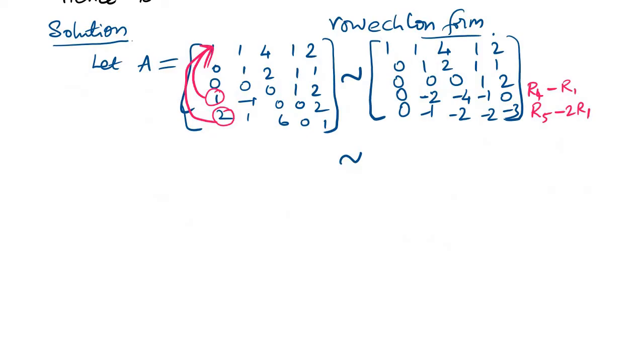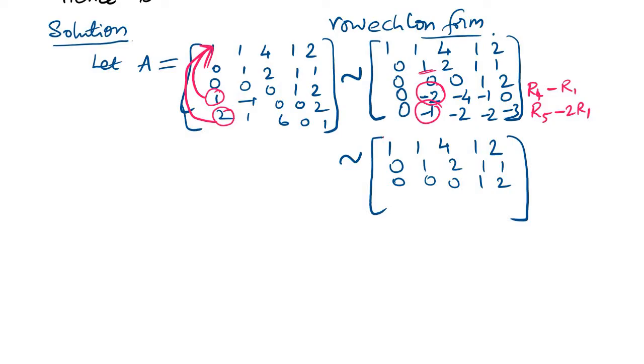As the second step, we have to make the elements under this pivot element 0. This is a pivot element, and under this pivot element, all the elements should be 0. So there is no change in the first row again, second row, third row. And here we have minus 2 in the fourth row.